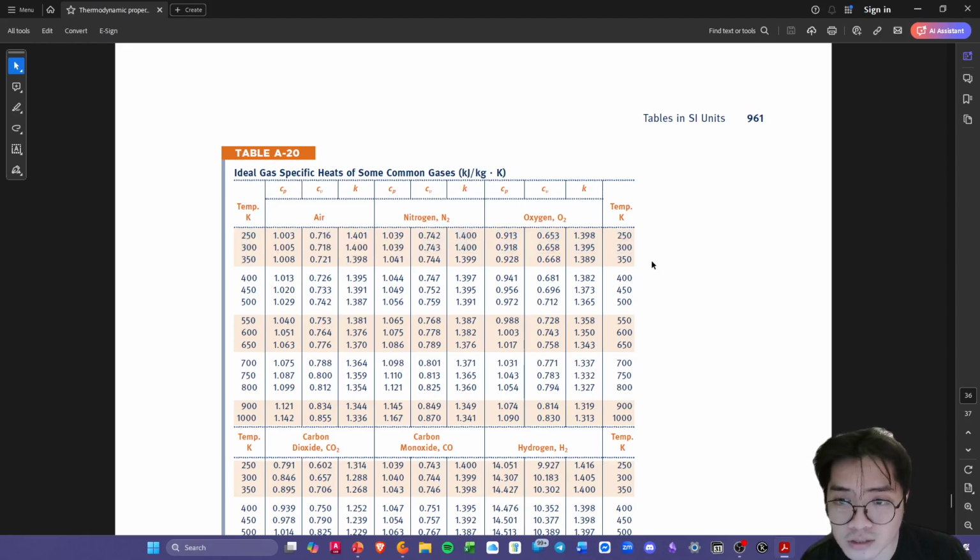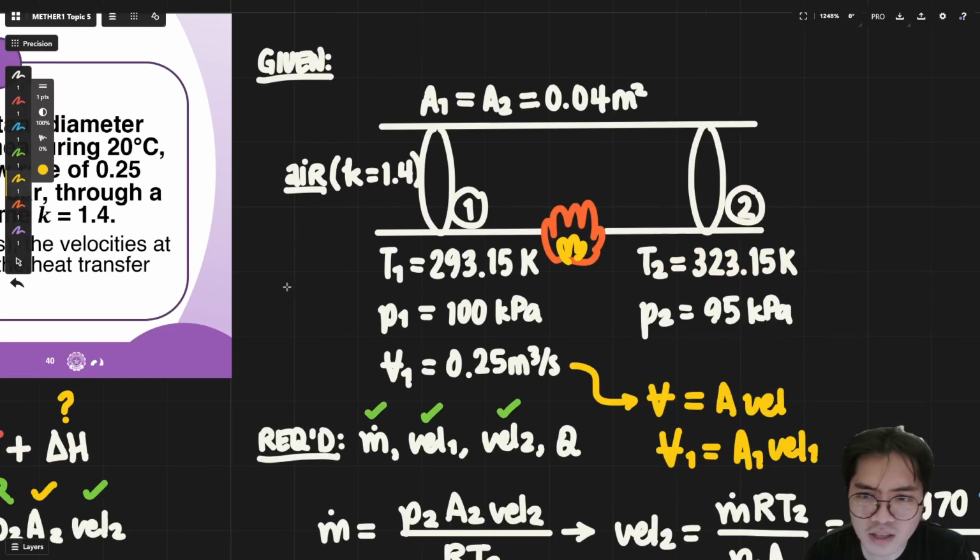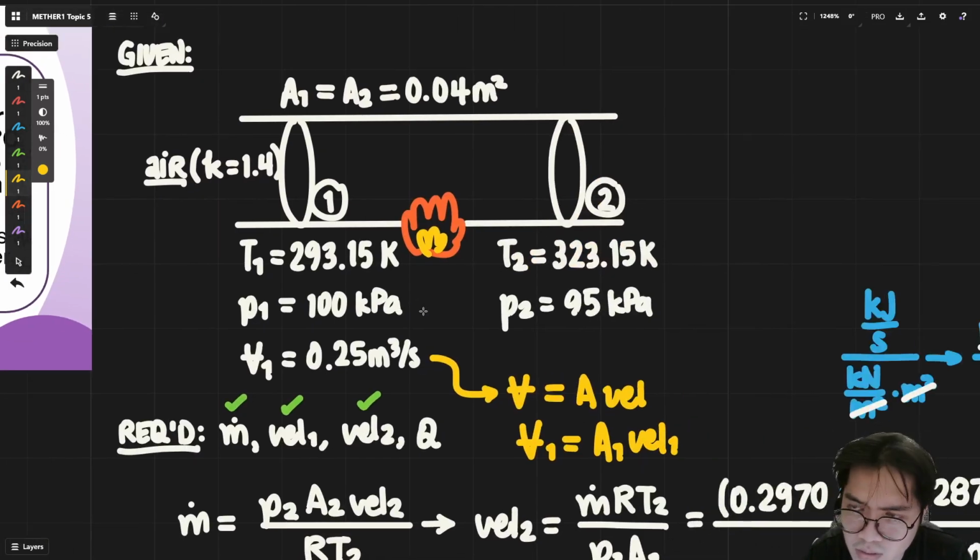You're supposed to average the temperatures. So the average of 293 and 323.15, this was 20 and then 50, so the average is 35. So the average in here is 308.15.